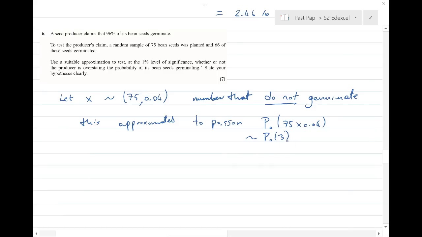Okay, so that's what we're going to use to test, Poisson 3. Now, we're given the value of a statistic, so 66 germinated. That means that 75 minus 66, which is 9, did not germinate.